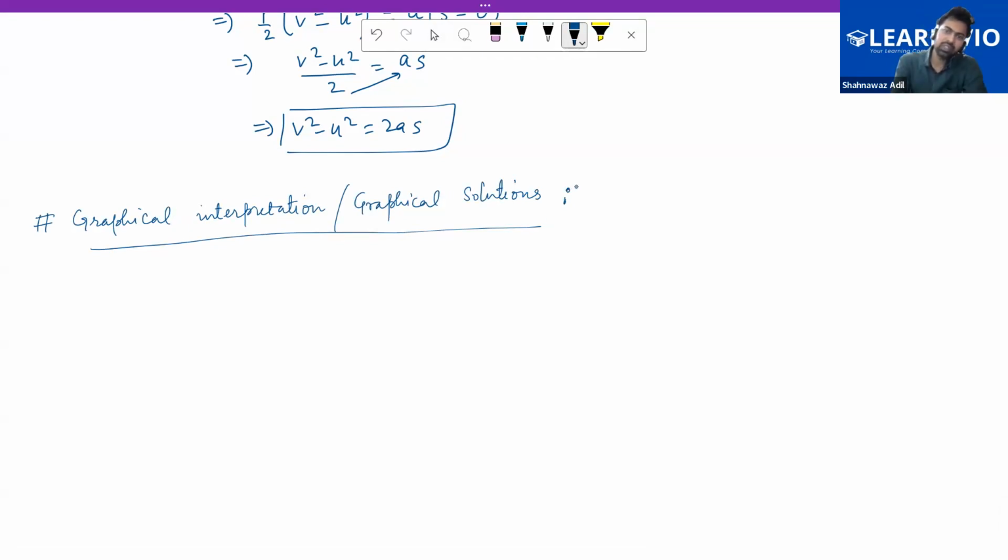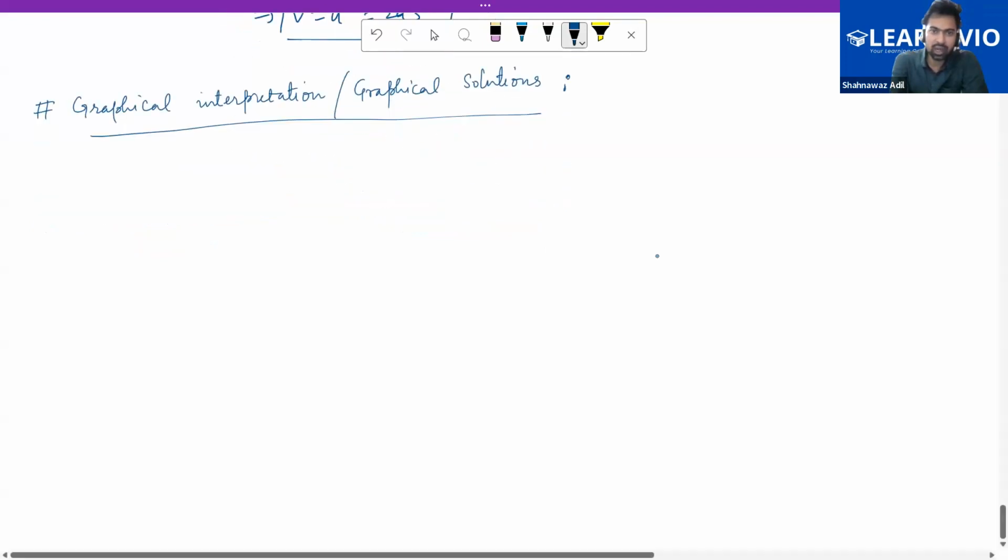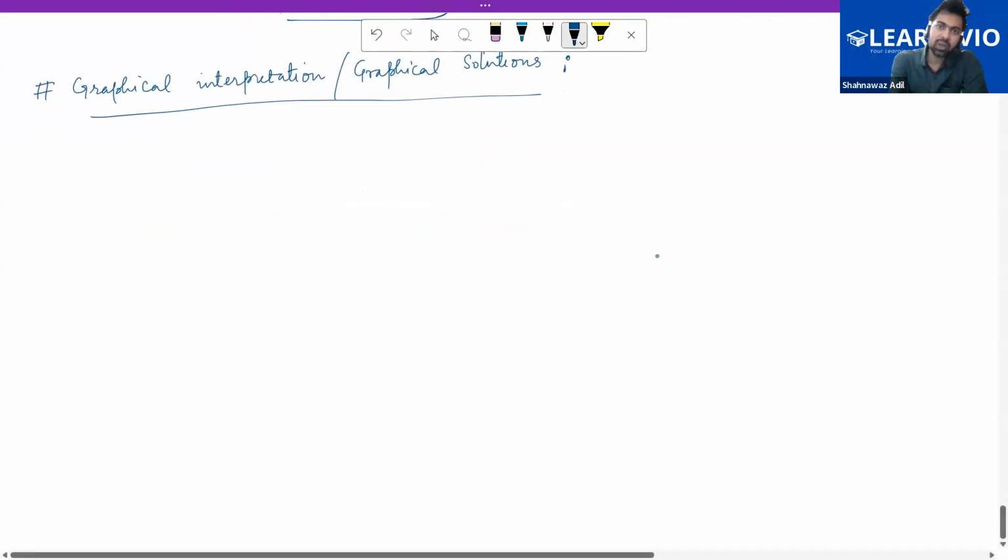So before we talk about some graph, let us talk about a straight line, and then let us talk about the slope of the straight line. So let's say we have x and y axis.